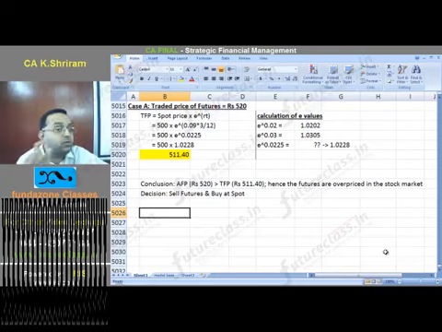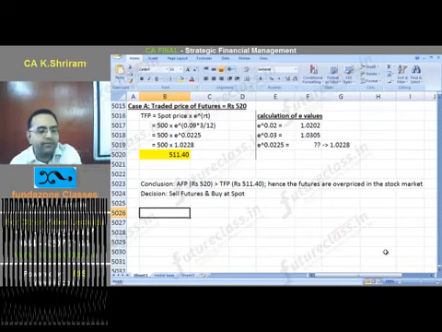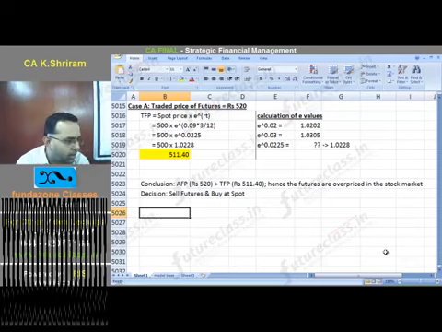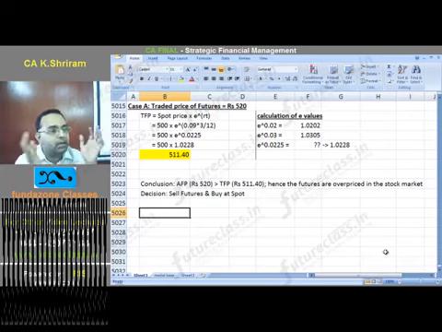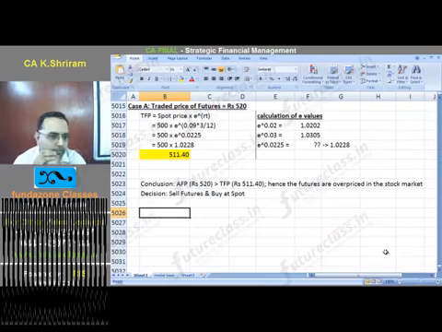Whenever there is an arbitrage, what will happen? Everyone will understand this and start buying from one stock exchange and selling in another. Buy from BSE for 500 and sell in NSE for 510. When everyone starts doing it, the demand becomes so high in the Bombay stock market that the share price will increase from 500. Supply becomes higher in the National Stock Exchange, and the share price of 510 will start reducing.